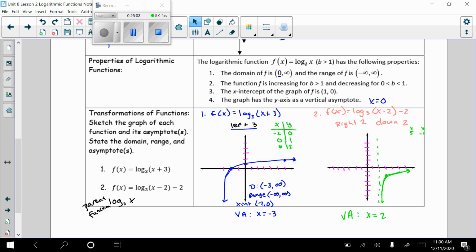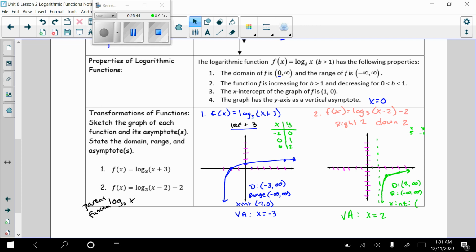Okay, so domain here is starting at 2 and going to infinity. My range is still going to be negative infinity to positive infinity, or all real numbers. My vertical asymptote is x equals 2. My x-intercept is at, well, I want this to be 2, which means that this value needs to be 9 so that it is 3 squared.